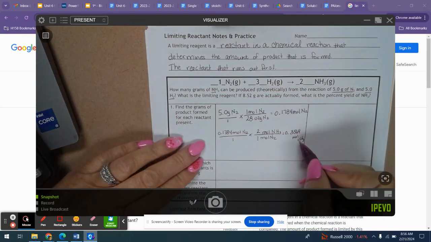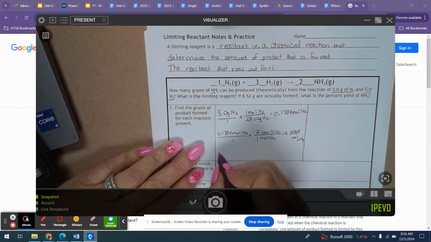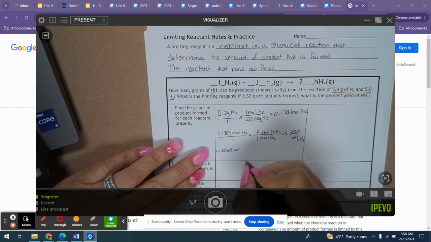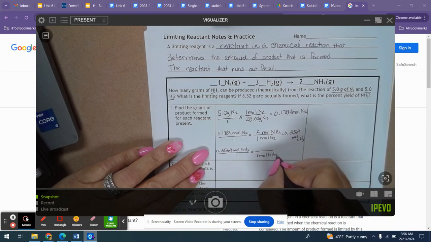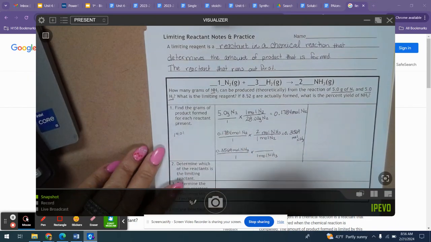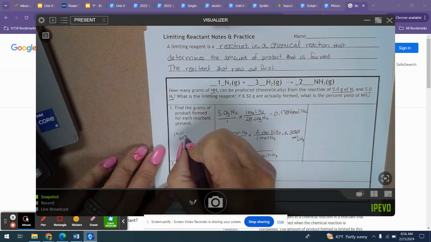Now we want to figure out how many grams, so we have to use the molar mass of NH3 to convert to grams. 0.3569 moles of NH3 over 1, and this time moles go on the bottom. For NH3, nitrogen is 14.01, hydrogen is 1.01, so 3.03.